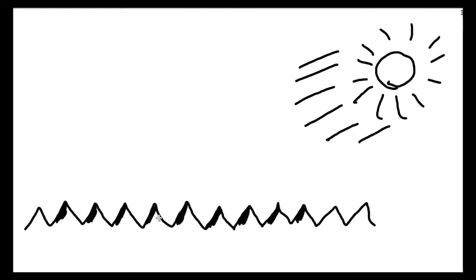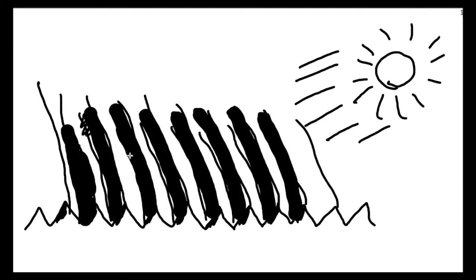Now this is us looking at the surface from the side, but if we were to look at the surface from above, you start seeing these very defined lines. Dark, bright, dark, bright, dark, bright.